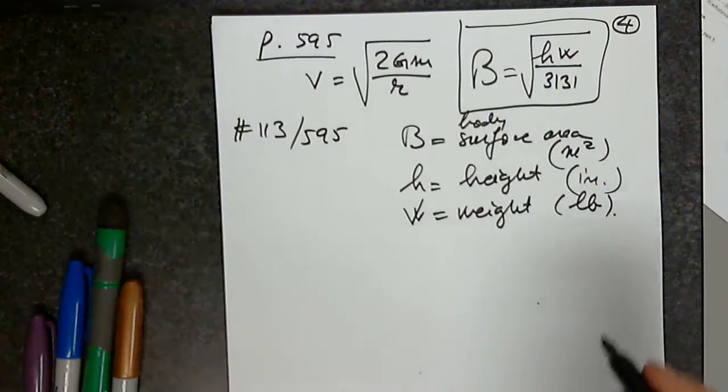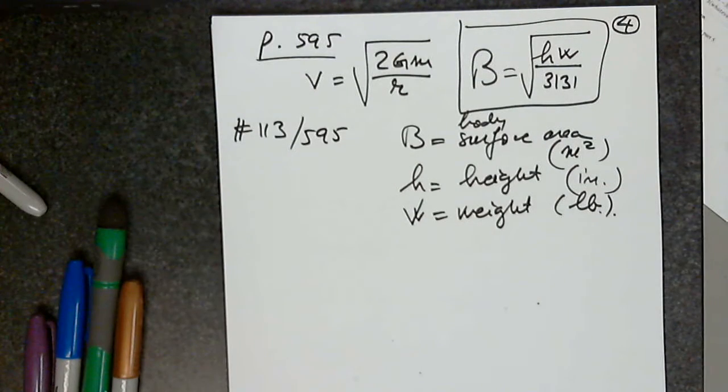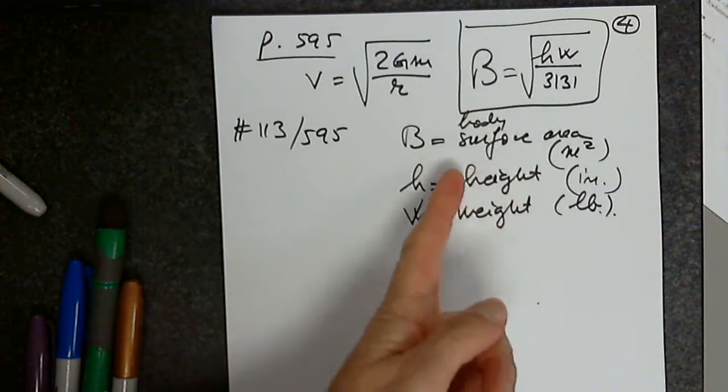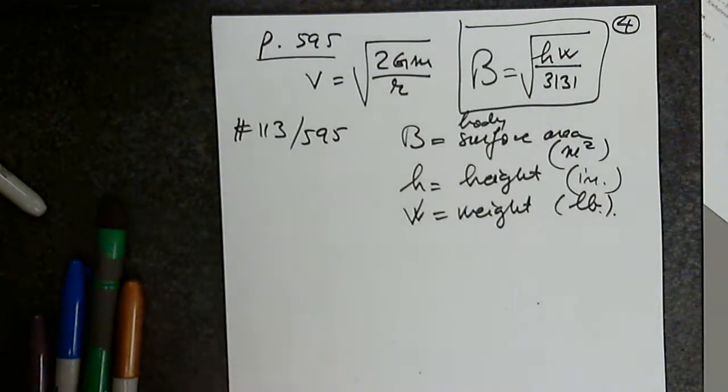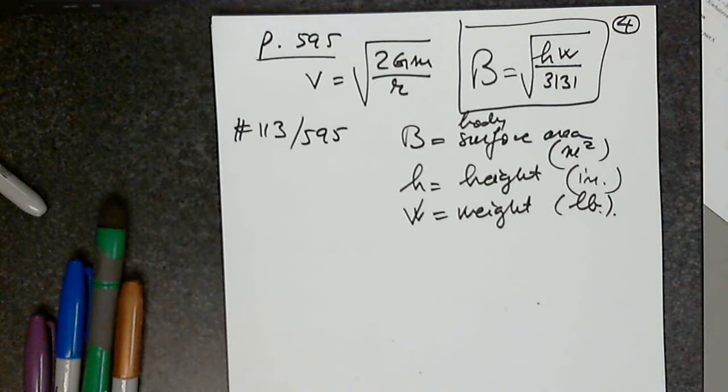This is an example in which a square root function is used to relate these 3 variables: the body surface area, the height, and the weight. Now we can do that for each and every one of us.